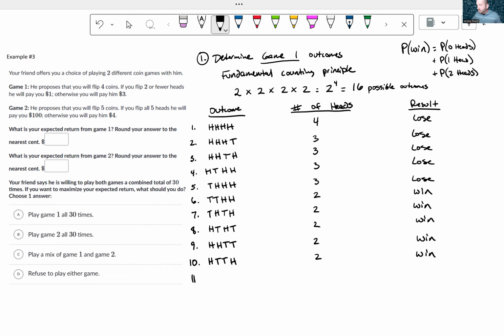Win. Tails, heads, heads, tails. Win. And you might be able to find a table of this online if you just look up how many outcomes, if there's 16 outcomes for a toss.